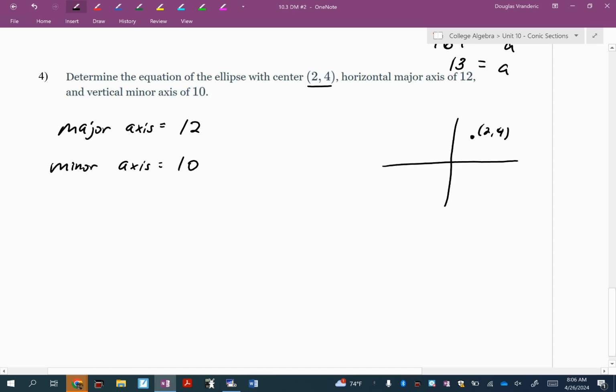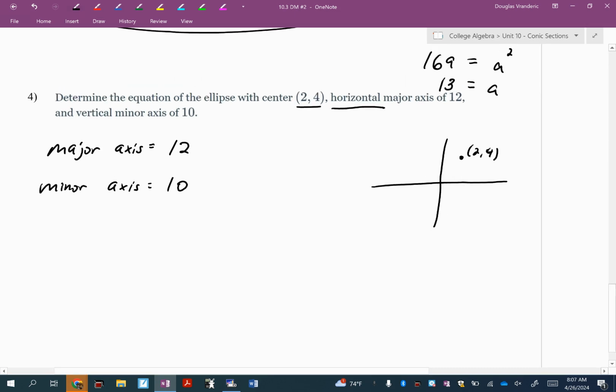Now they're giving you also a couple of words to help you. If you look, it says horizontal major axis. So what does that tell me about this ellipse if the major axis is going left to right? If the major axis, which is the longer one, is going left and right, this is a horizontal ellipse.